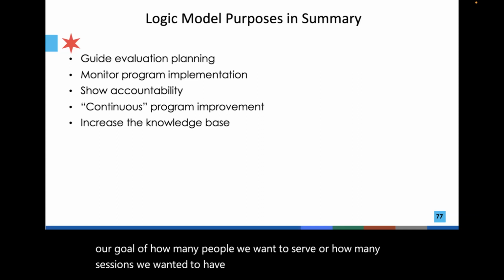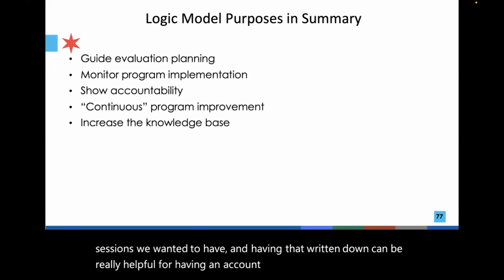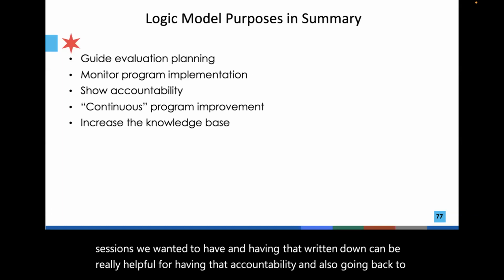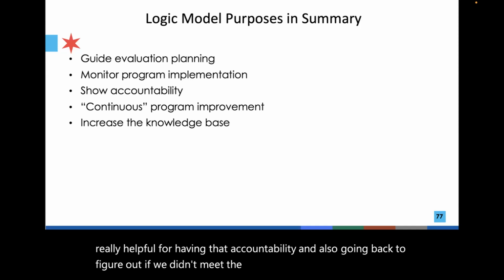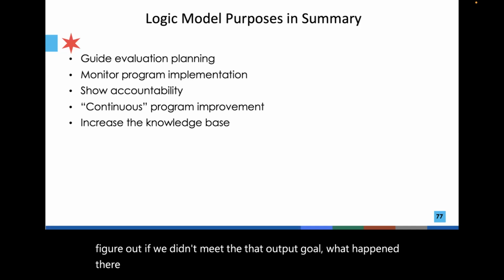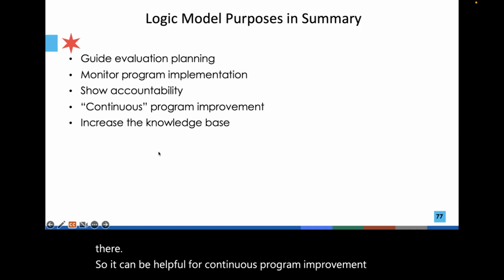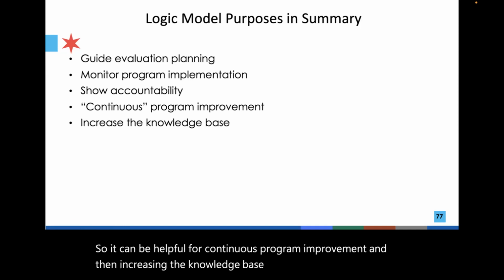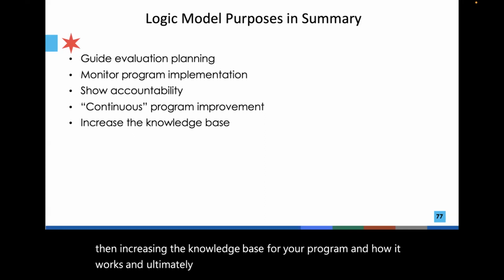Having that written down can be really helpful for accountability and also for going back to figure out, if we didn't meet that output goal, what happened there. It can be helpful for continuous program improvement and for increasing the knowledge base for your program and how it works, and ultimately the outcomes that you're going to see.